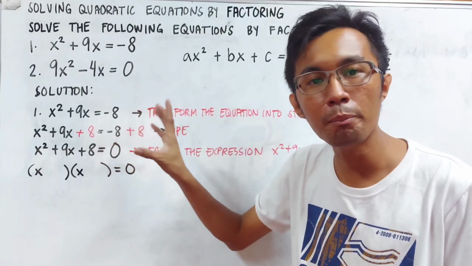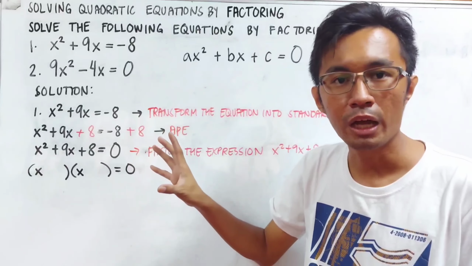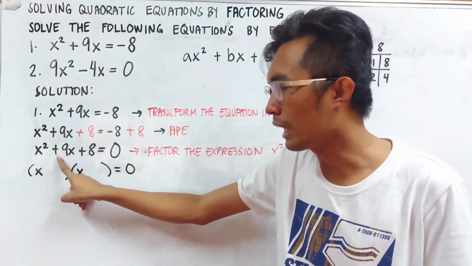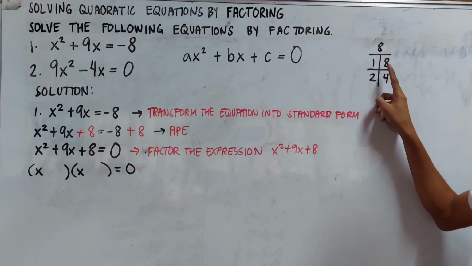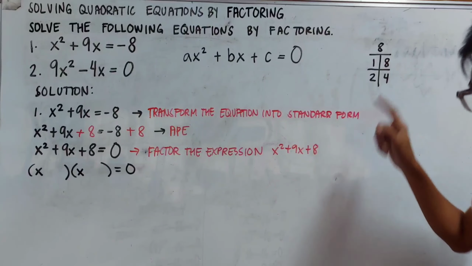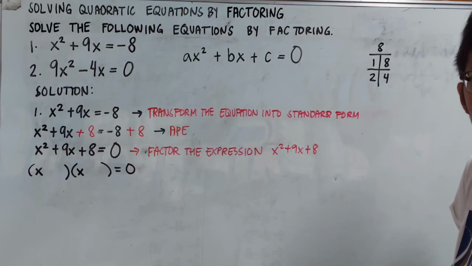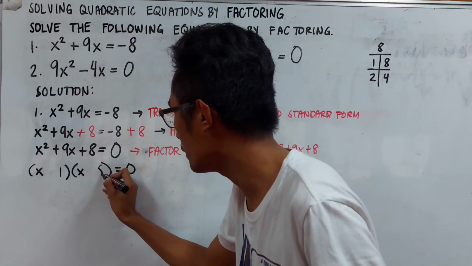So, pag nakuha mo na yung factors, maghahanap ka dun sa factors na kapag pinag-add mo, ang magiging sagot is 9. Okay, so, these are the factors. Saan kaya dito yung pair na kapag pinag-add natin is magiging sagot is 9? We have 1 and 8. So, gagamitin natin yung 1 and 8.